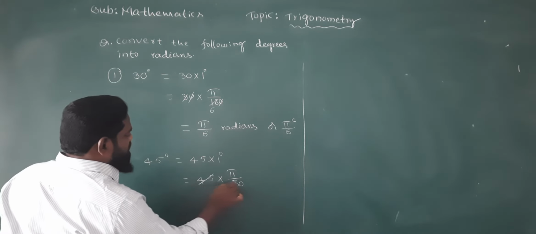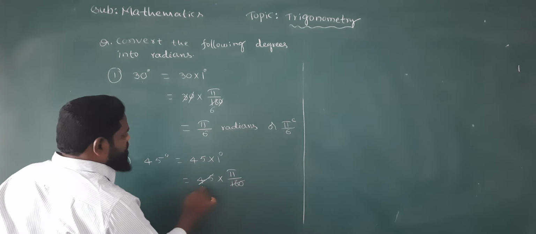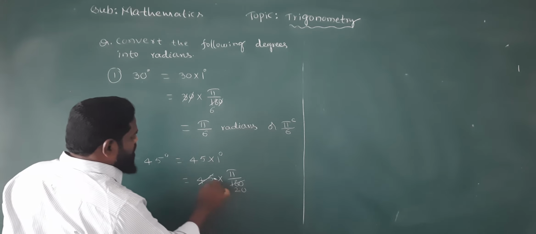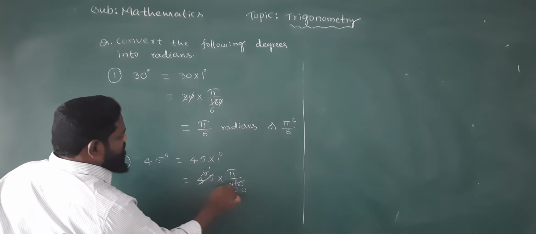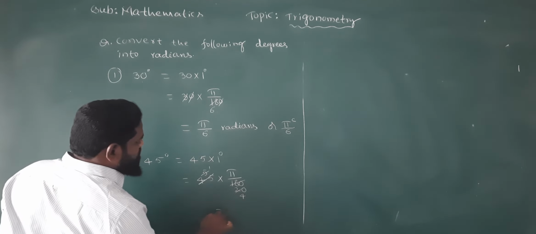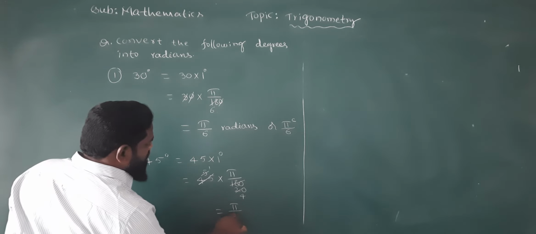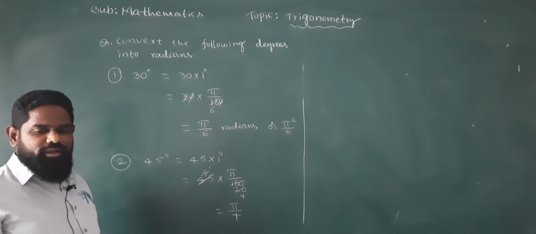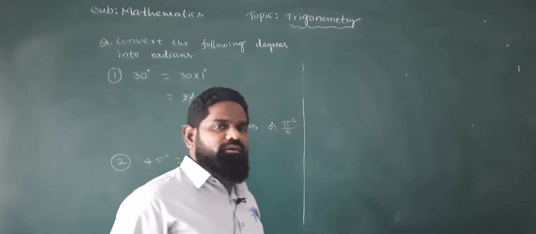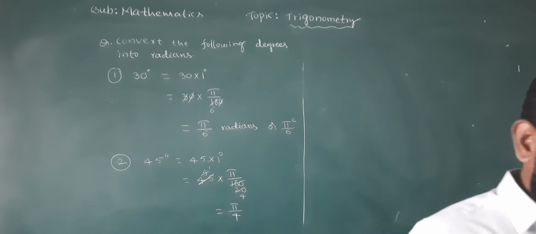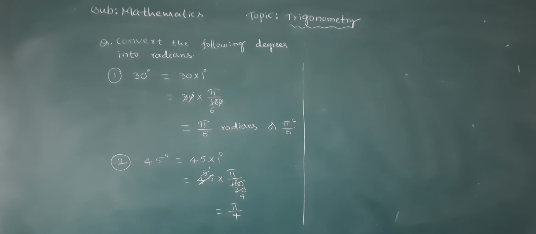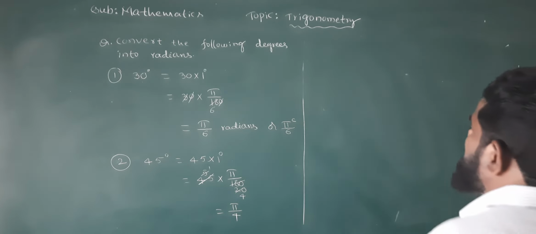Cancel it. 9 2s are 18, 0. 9 5s are 45, 9 4s are 36. What will come? Pi by 4 radians. Means 45 degrees equals how many radians? Pi by 4 radians. We can take it like this.